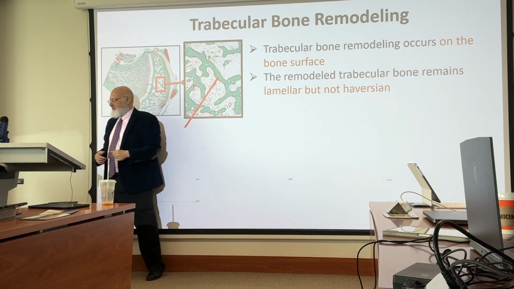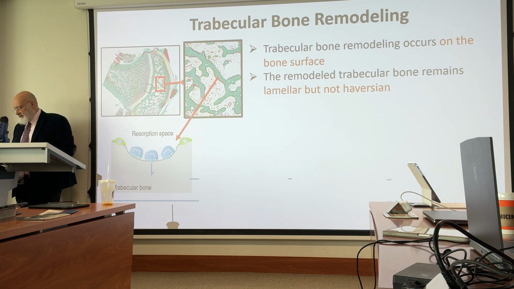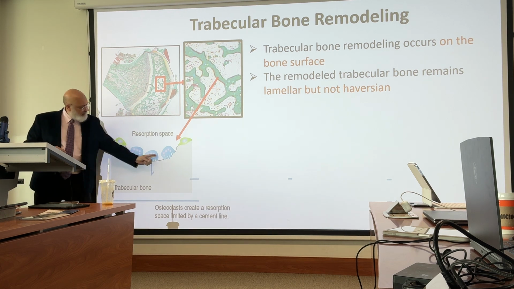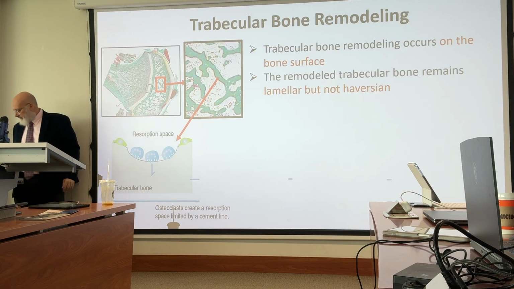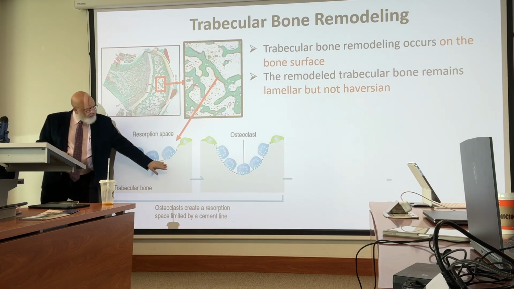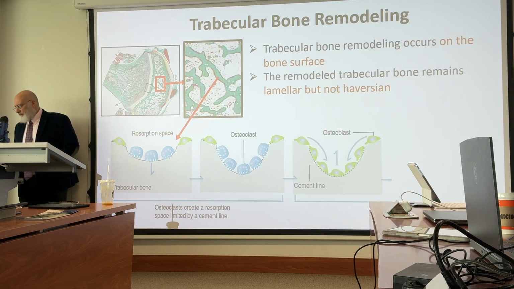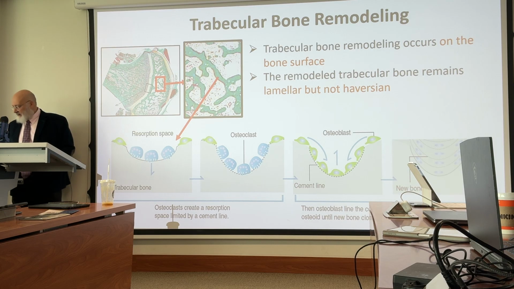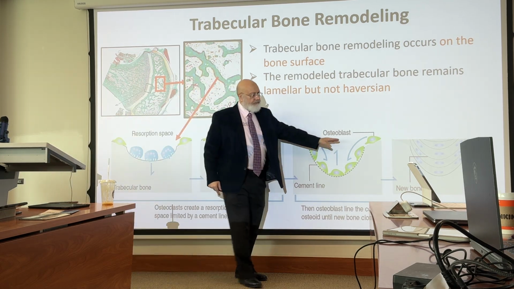That's simple with trabecular bone because you don't have lamellae and Haversian systems. Osteoclasts come in and start digging, making the hole. This is the site that needs to be repaired, they get a signal. They keep digging until they cover the area they're supposed to cover. Then right after that, osteoblasts come and fill in this space until they completely repair the defect.